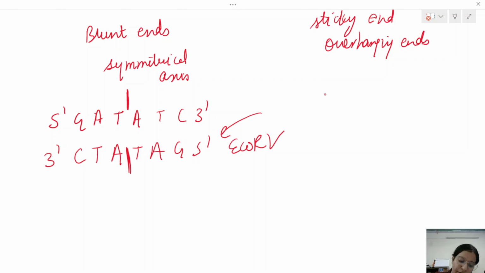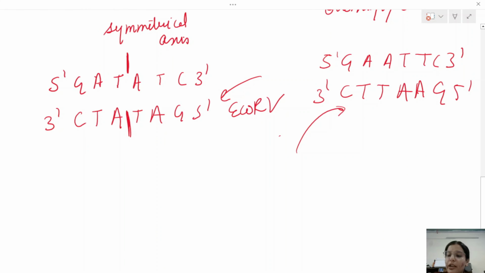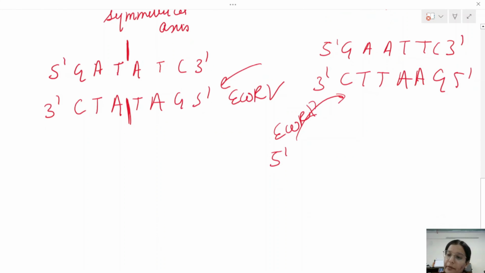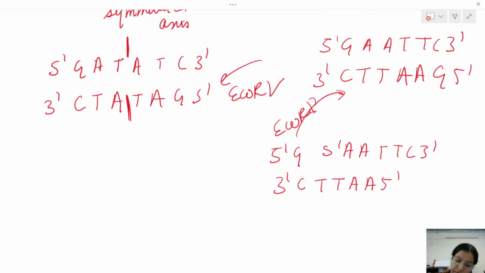And here we have 5 prime G A 3 prime N and 3 prime C T T A G 5 prime N. So here E. coli results in overhanging fragments. It cuts here.